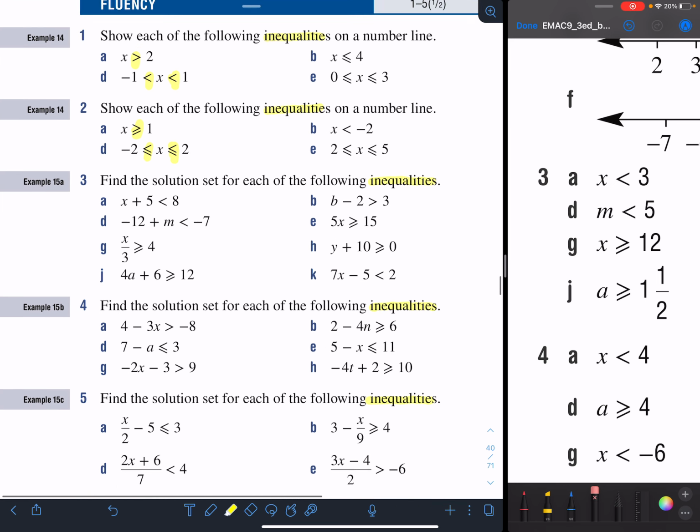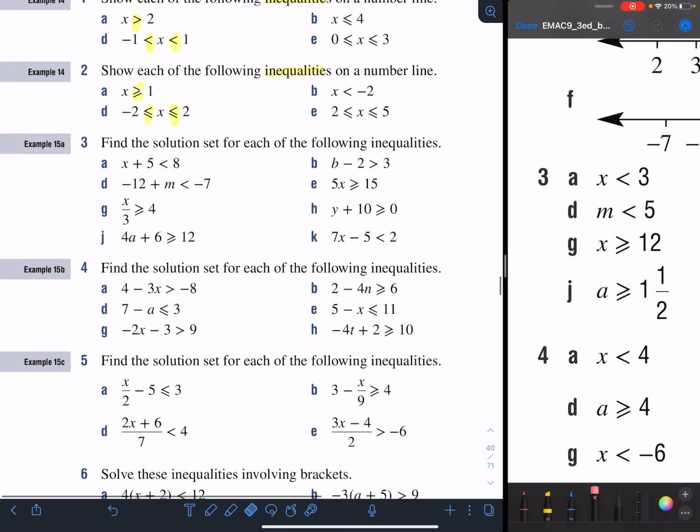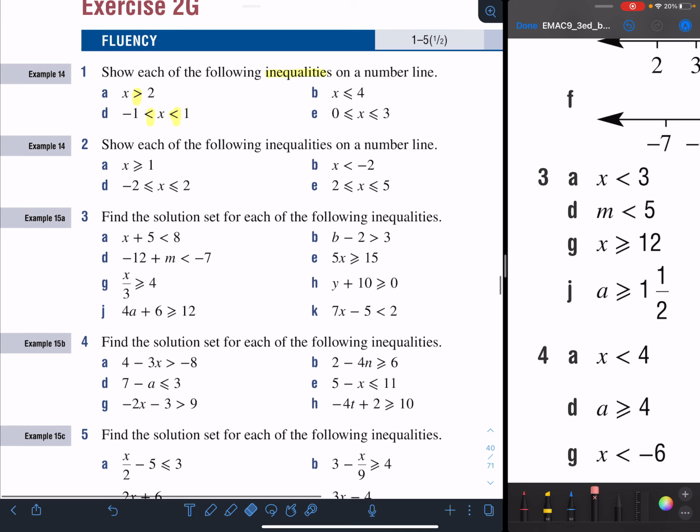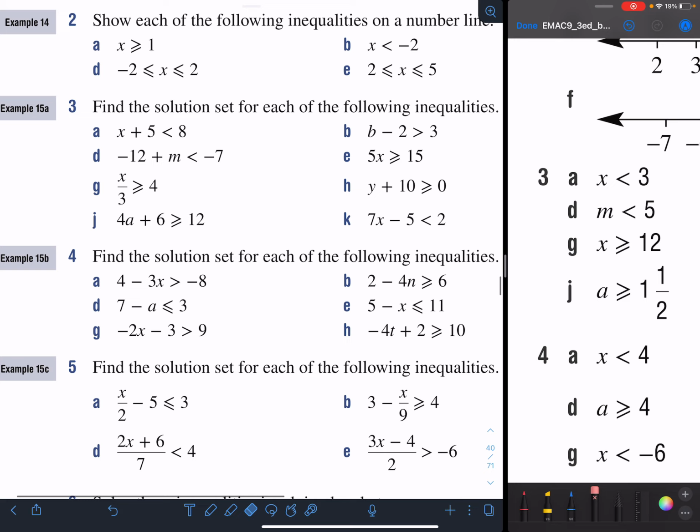We're specifically going to look at questions 3, 4, and 5. This video focuses on the inequalities that have positive pronumerals as opposed to negative pronumerals. By positive pronumerals I mean an x or an m, or x divided by 3, or a 4a, or a 7x, a y, a 5x, a b.